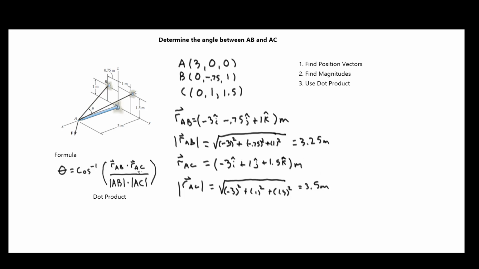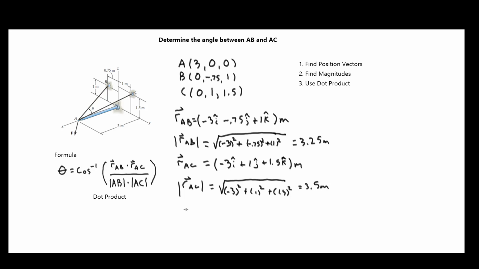Now we have to find the dot product value for our numerator. I like to do this by just lining my two vectors up, one above the other. It gives me a better visual aid. So I'll do this down here.